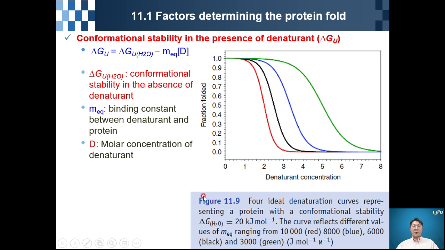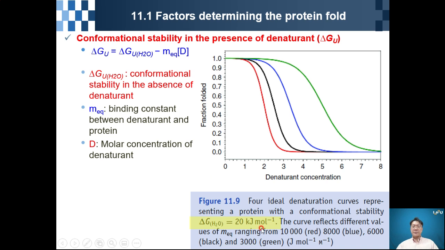This figure 11.9 shows four ideal denaturation curves representing a protein with a conformational stability. In the absence of denaturant, delta G H2O was 20 kilojoules per mole.